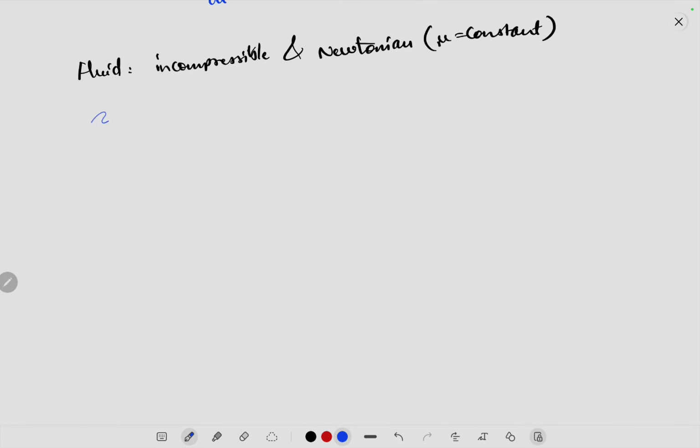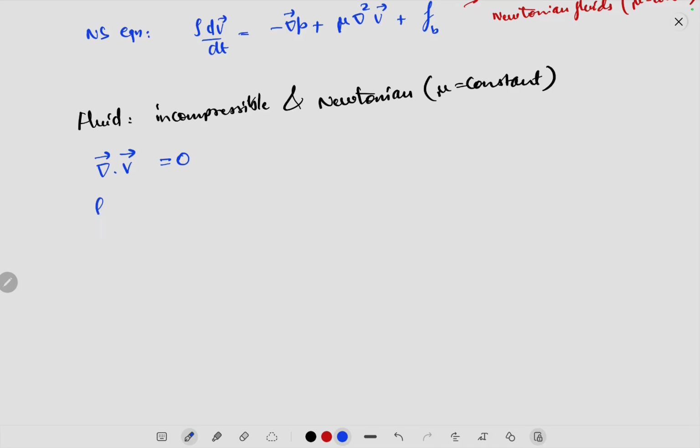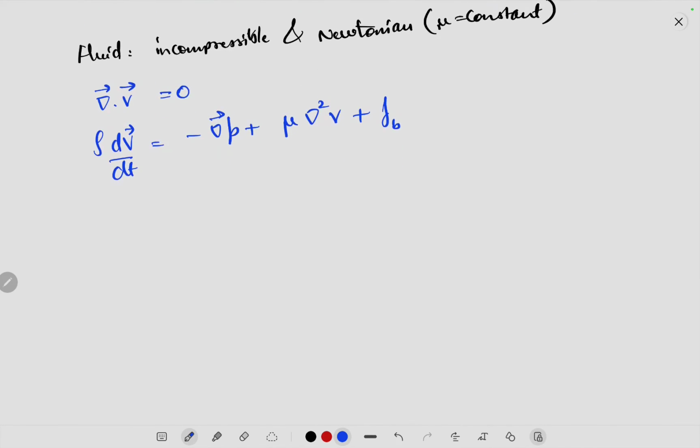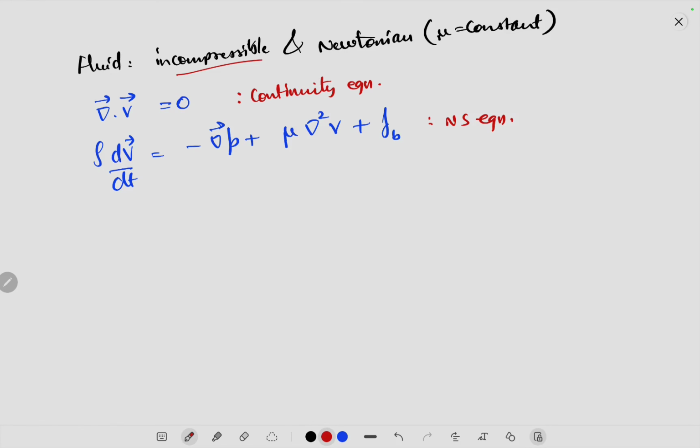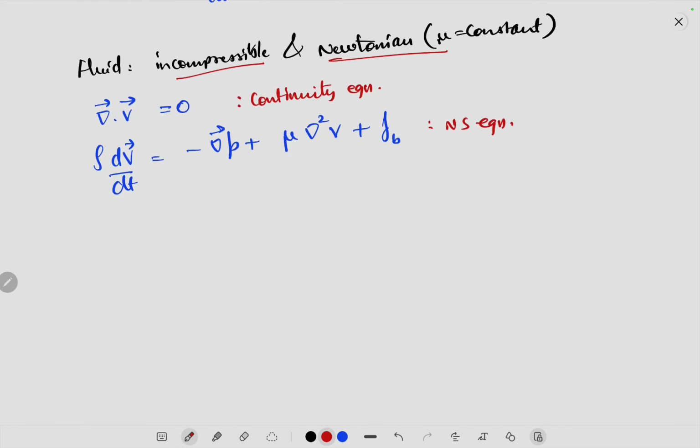The first is the continuity equation, divergence of v equal to 0, and the second is the Navier-Stokes equation, which in vector form is rho dv by dt equal to minus grad p plus mu grad square v plus fb.